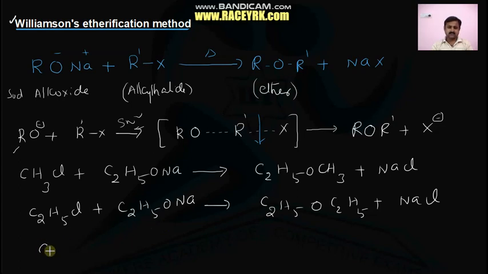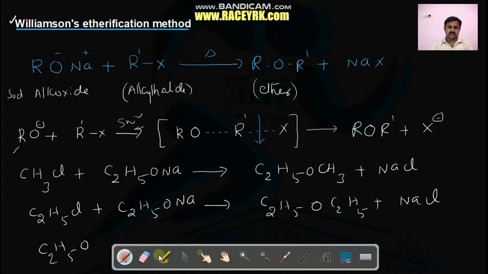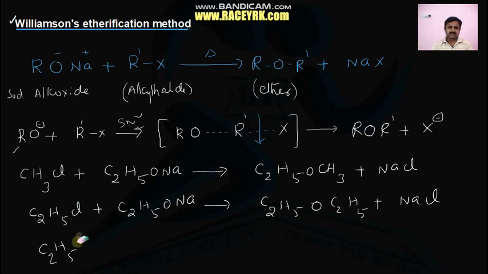Suppose you have taken C2H5Cl, and I have taken another kind of alkoxide with a branched alkyl group, that is (CH3)3CONa.